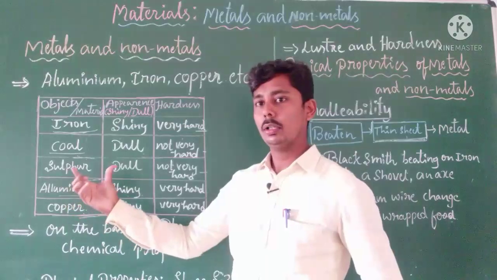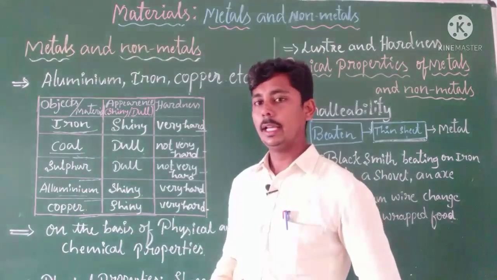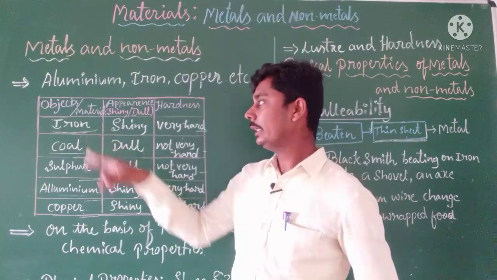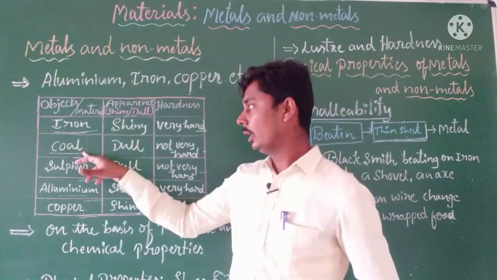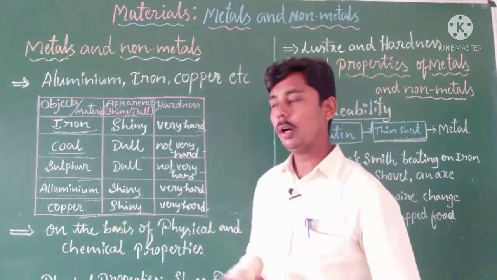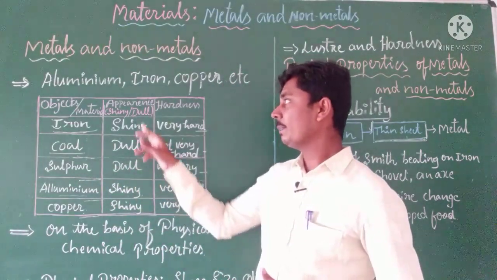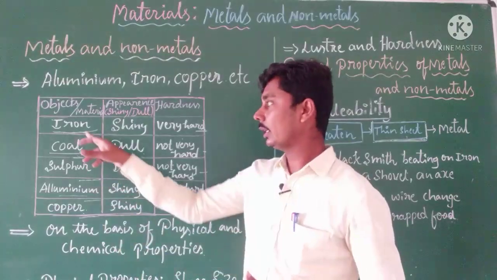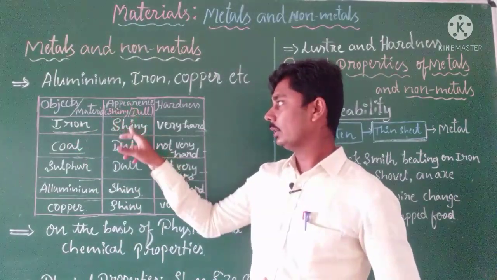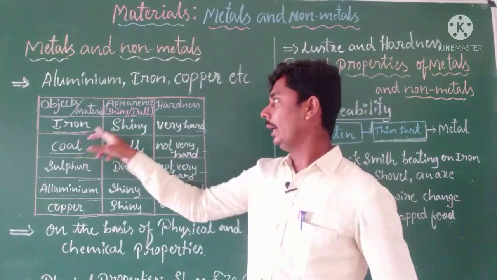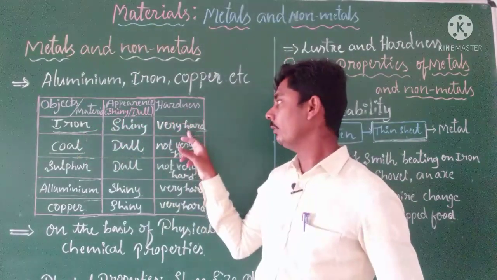I draw one table. The first column is the object: iron, coal, sulfur, aluminum, copper. The second column is the appearance. Iron shows a shiny nature, and iron's hardness is very hard.